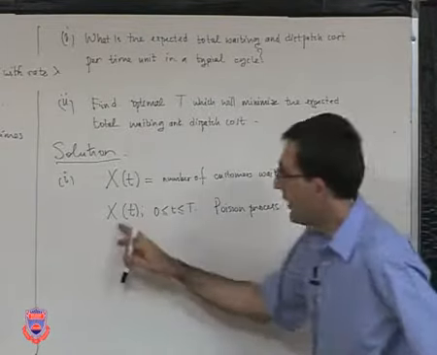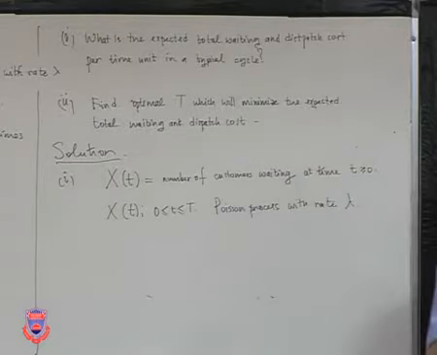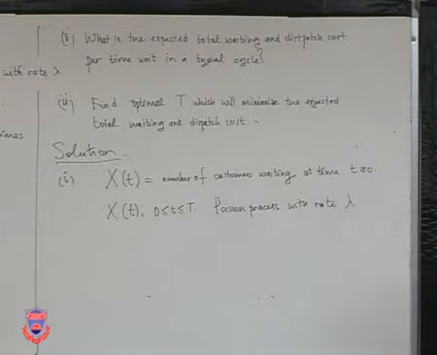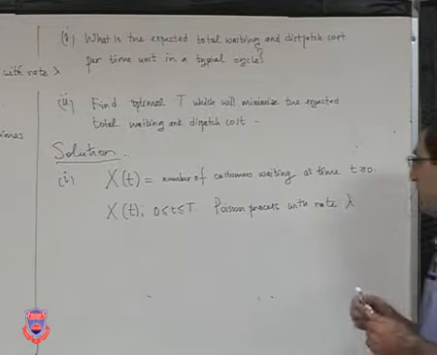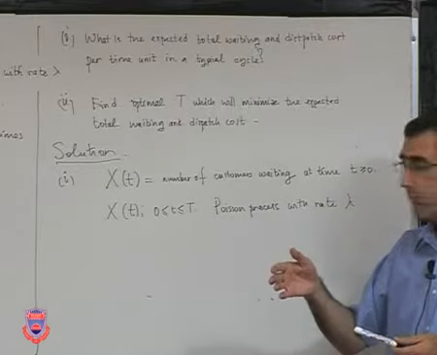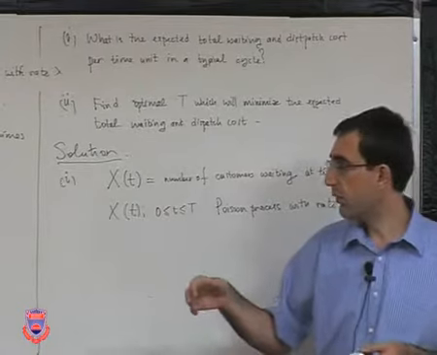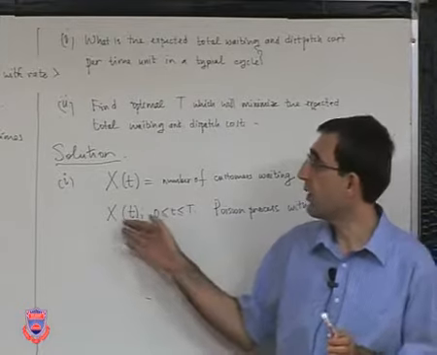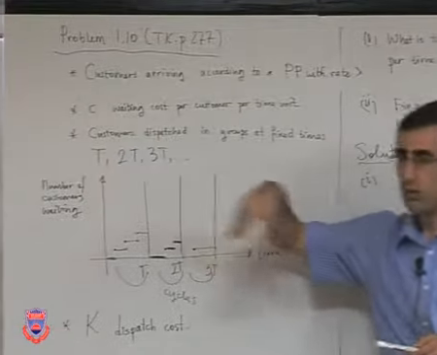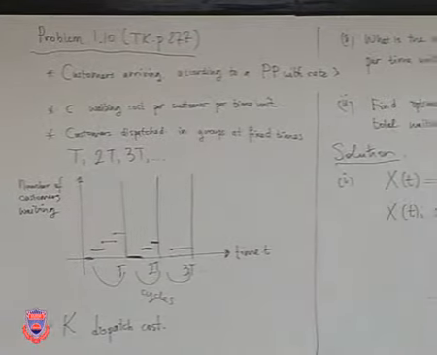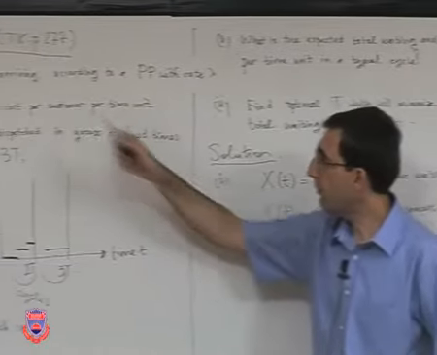Now, at time t, you have xt customers in the system. Each one of these customers will have to wait for at least another infinitesimal amount of time before dispatch happens, and that waiting time is going to cost us c units per time unit per customer.